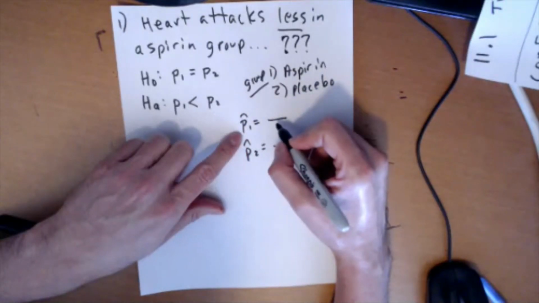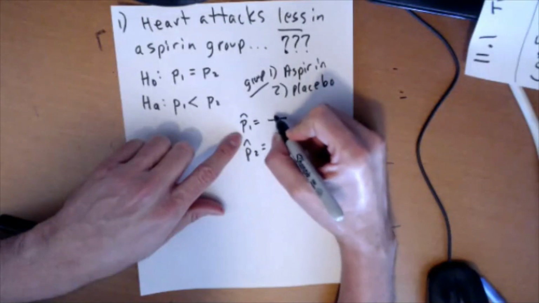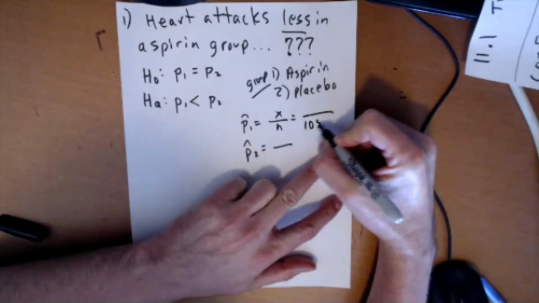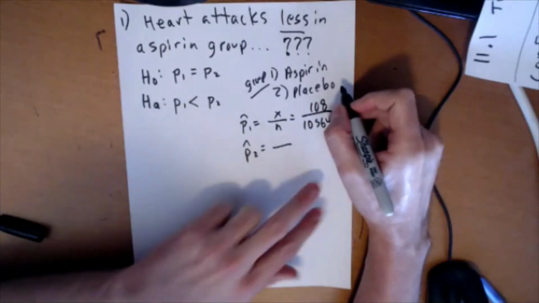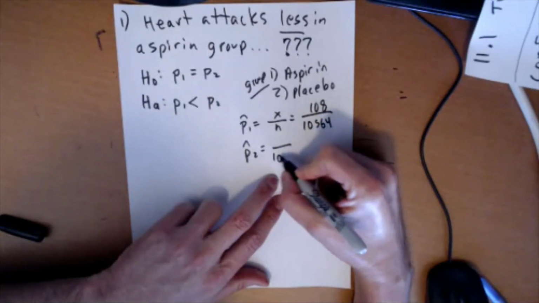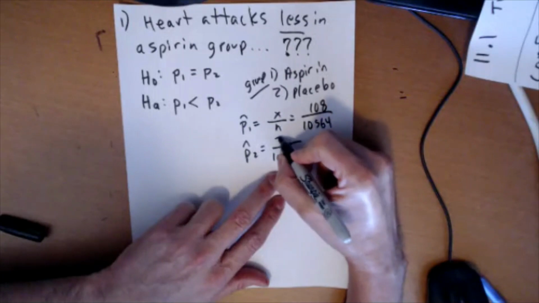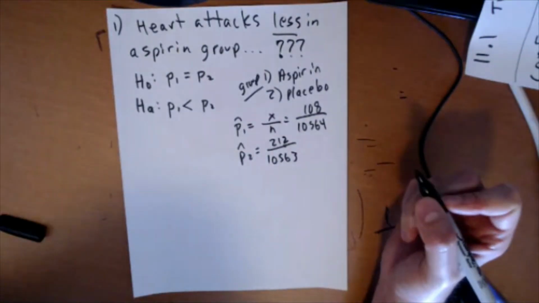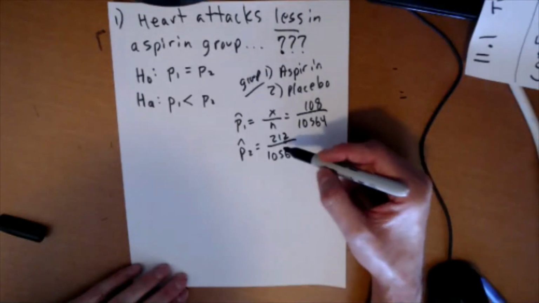In group 1, the aspirin group, we saw that out of n equal 10564 people, there were 108 heart attacks. In group 2, we looked at 10563 people, and there were x equal 212 heart attacks. So this is the sample proportion for group 1, sample proportion for group 2.